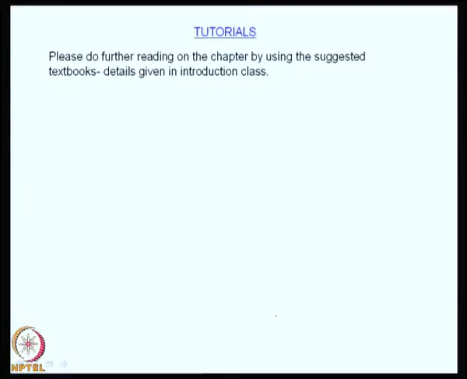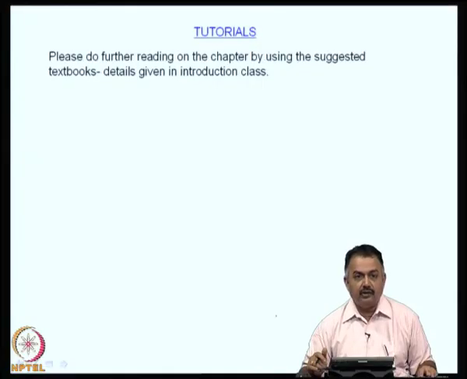Next chapter will be on semiconductor packaging. We have seen semiconductors. We will briefly see what semiconductor fabrication would mean, what are the intricacies involved in semiconductor fabrication, and we will have a look at the overview of the process. So, please do some reading on this chapter 1 by using the suggested textbooks given to you in the first introduction class.